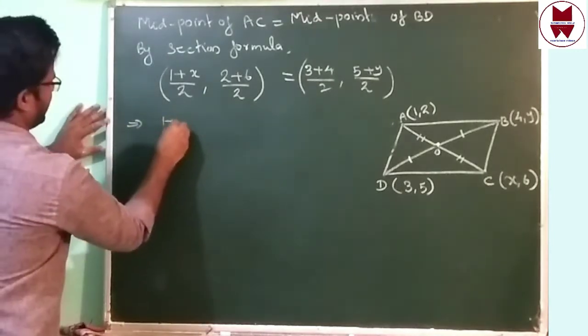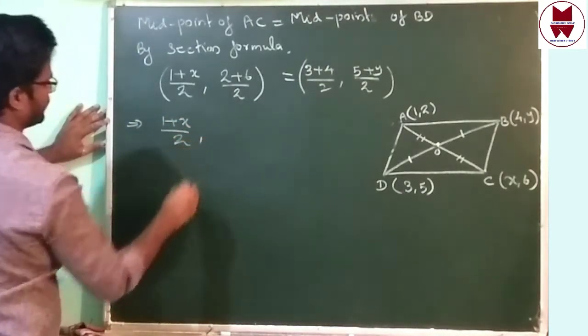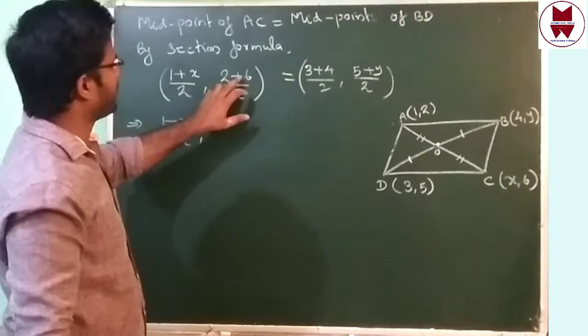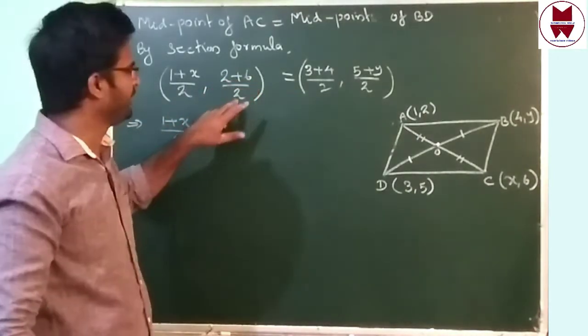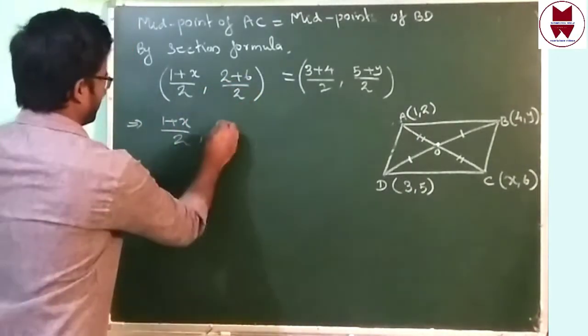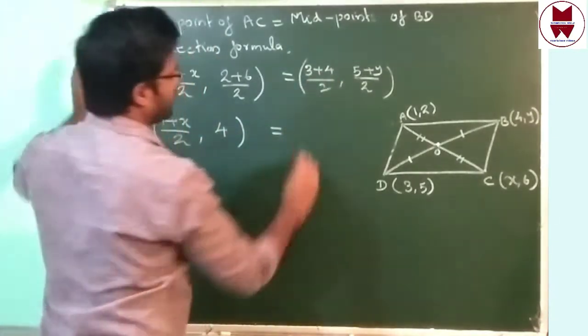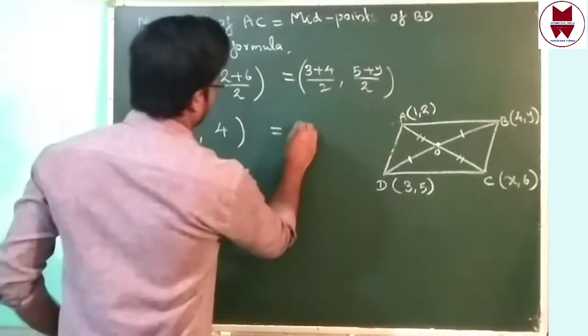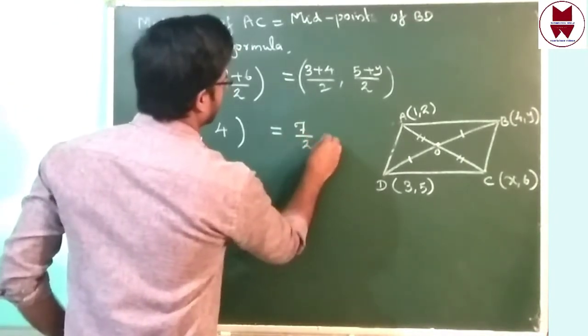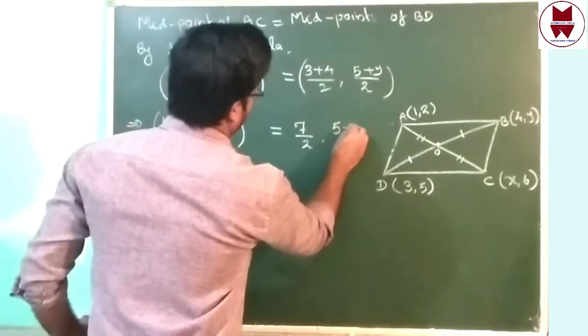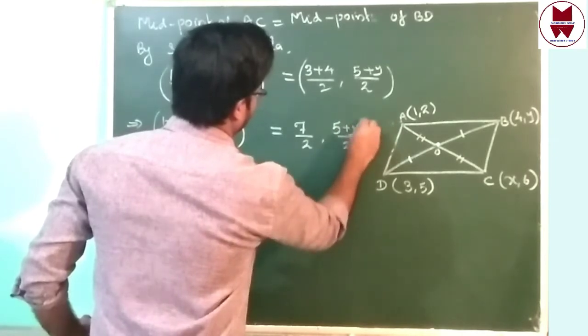Then (1 plus x) divided by 2, comma, 2 plus 6, 8, isn't it? 8 divided by 2, we will get 4. Equal to 3 plus 4, 7 divided by 2, 7 by 2. Then (5 plus y) divided by 2.